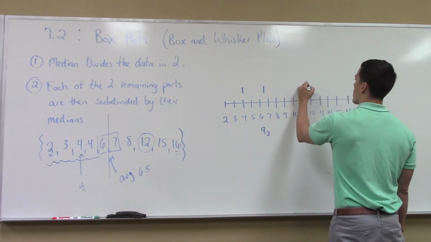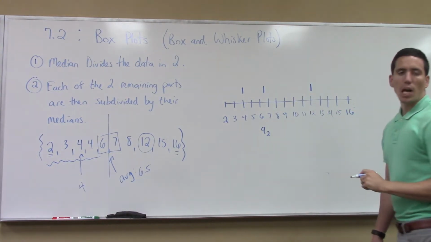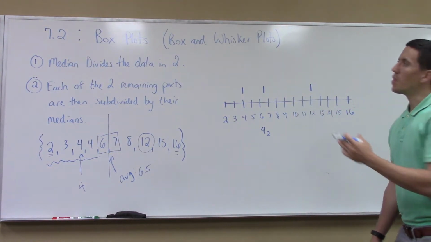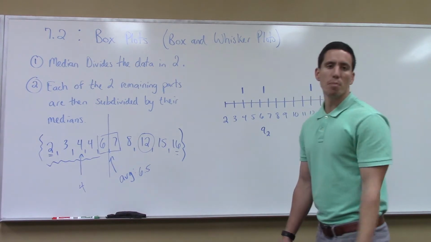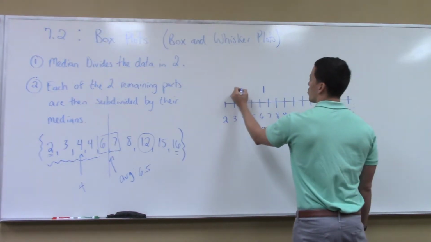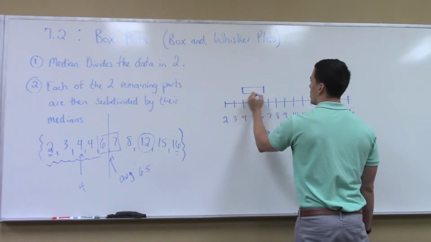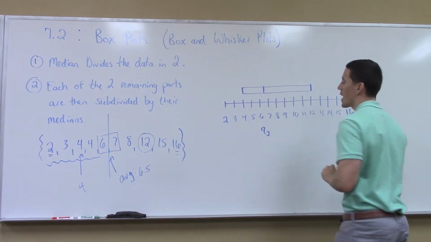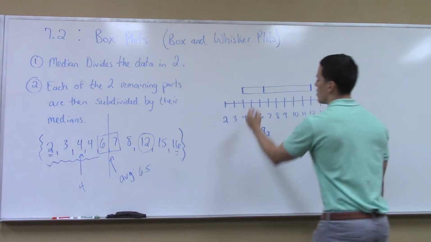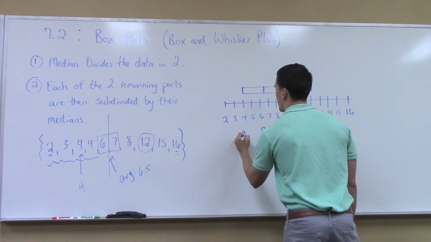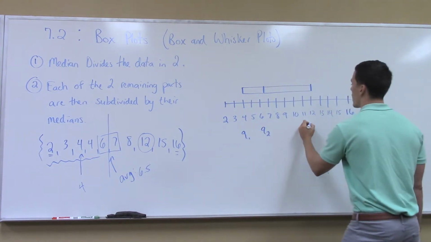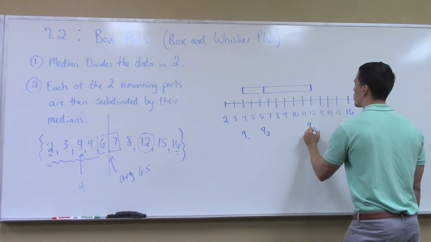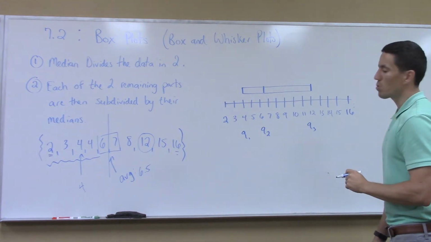So I go here. These three vertical lines form the box part of the box and whisker plot. Just connecting these, you'll see that I now have a box. This lower line is Q1, my lower quartile. This upper line is Q3, my upper quartile.